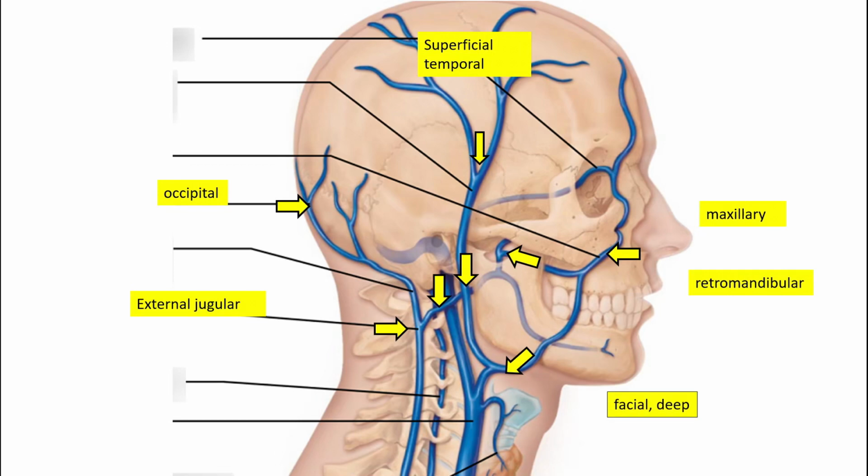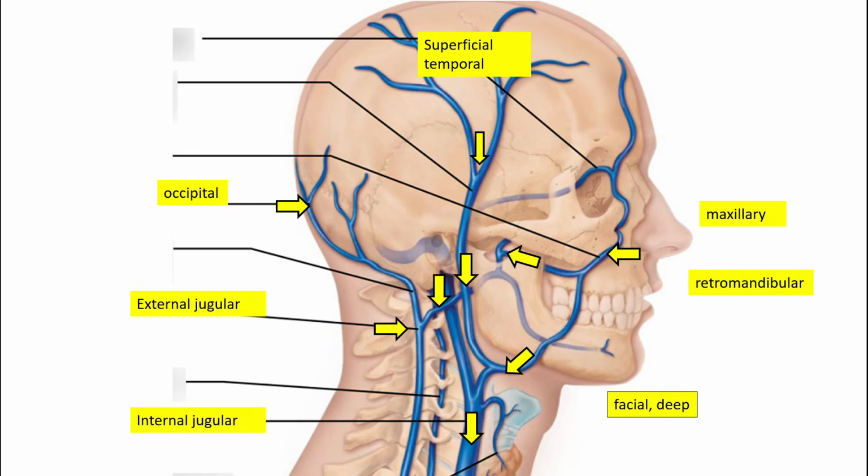Now, the facial vein is going to meet the anterior branch of the retromandibular vein, and they meet and end up in the internal jugular vein.